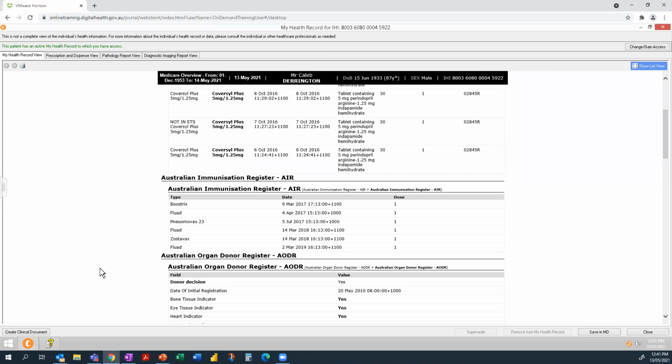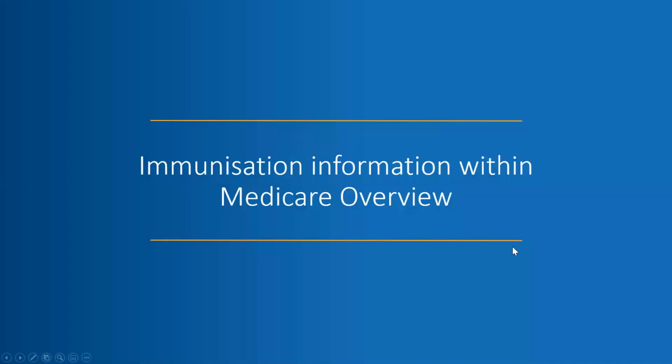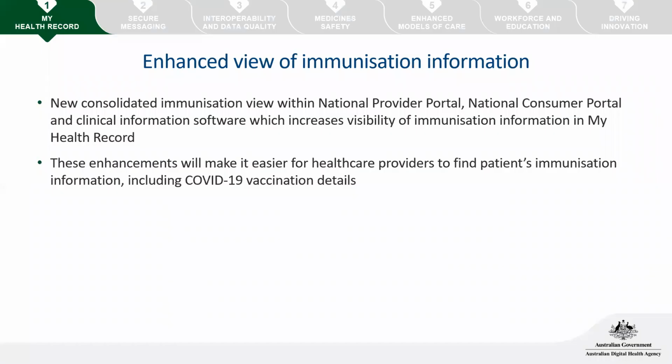There has been a fair bit of work done to try to address these limitations and enhance the My Health Record system's use and display of immunisation information. A new consolidated immunisation view has been developed and released through the National Provider Portal and the National Consumer Portal.